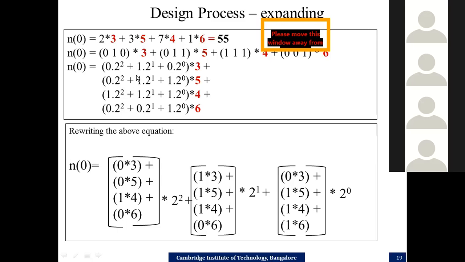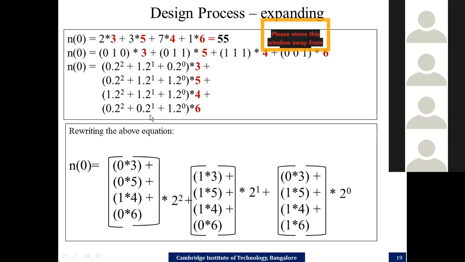So we try to rewrite this expression like this: 0 into 3 plus 0 into 5, 1 into 4, 0 into 6, I take as one group and multiply it with 2 power 2. So I take all the MSBs together, put them in one term, multiplied by 2 power 2.